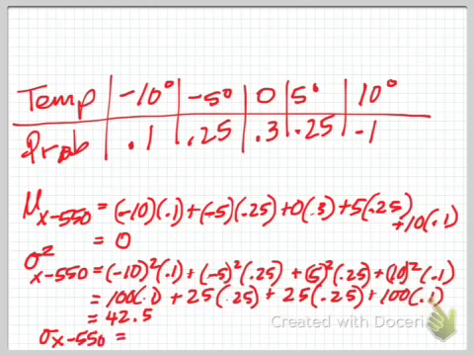When I do the square root of 42.5, I get 6.52. So the standard deviation is 6.52 degrees away from that target, which I think is interesting. That's actually higher than just the standard deviation of the mean that we looked at on the last slide.